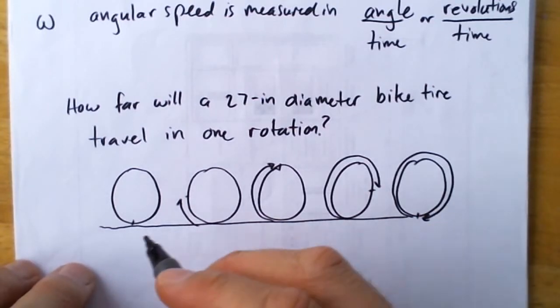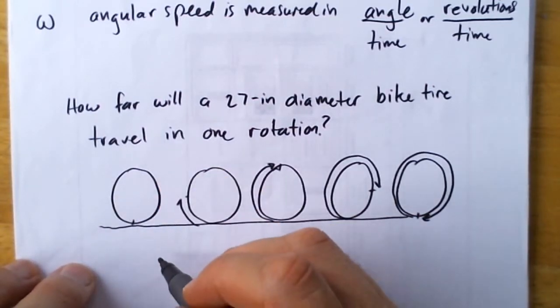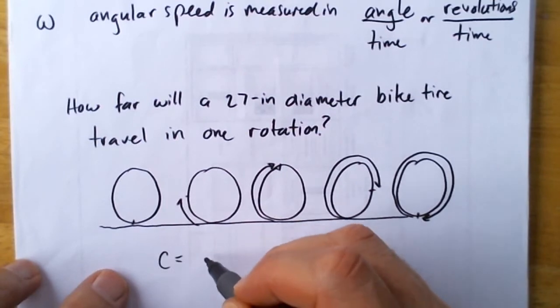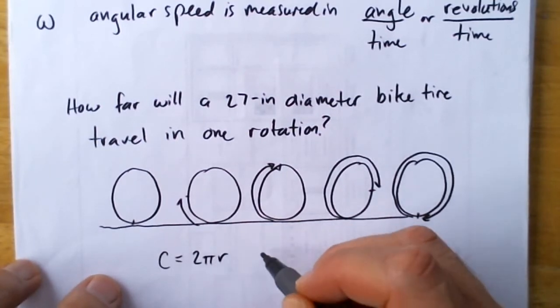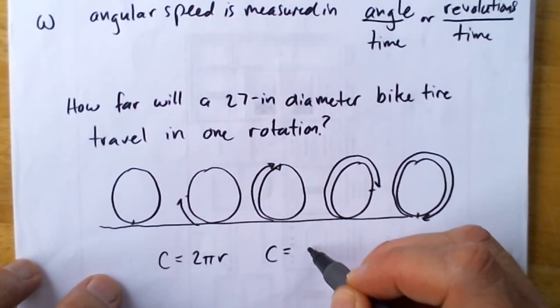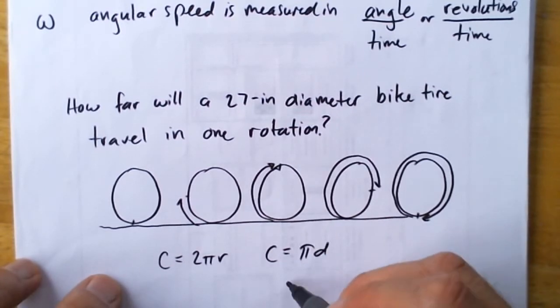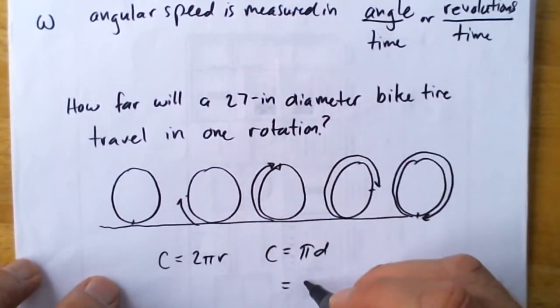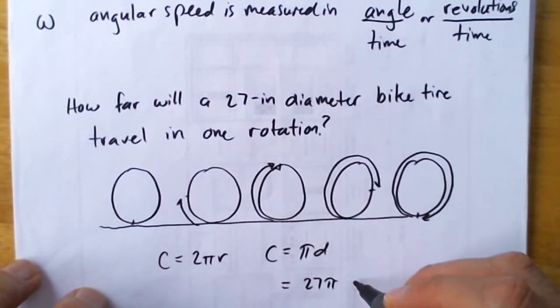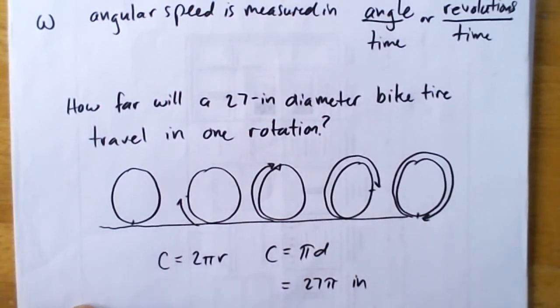So how far will it travel? It will be circumference equals 2 pi r, or circumference equals pi times the diameter. And here we already know the diameter, so we'll say 27 pi inches. And that's about 84 inches.